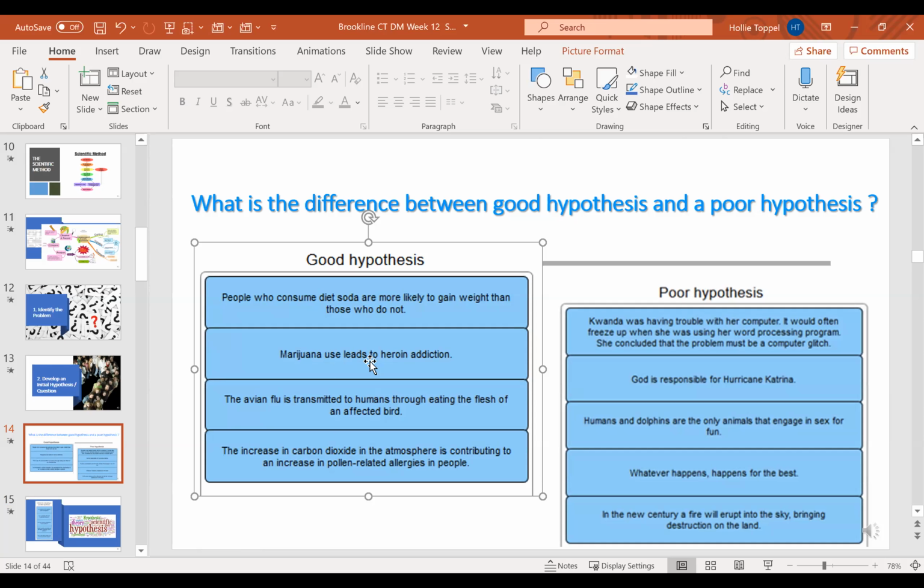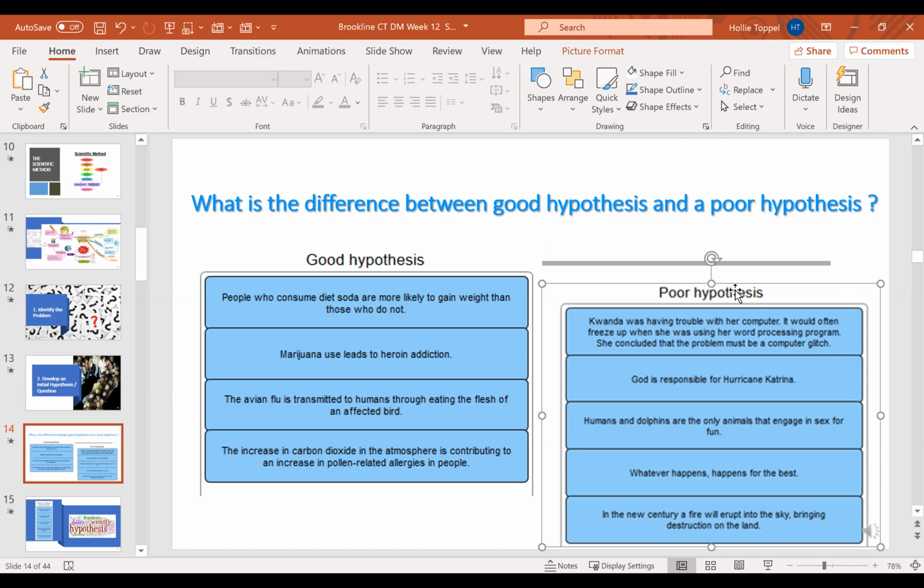I'm not sure if that's really good either, I don't know about that one. The avian flu is transmitted to humans through eating flesh of an affected bird. Well, we could maybe do that. Let's put the word bat in there instead of bird and we got COVID. The increase in carbon dioxide in the atmosphere is contributing to the increase in pollen-related allergies. We could do that. Okay, we could do air with more carbon and air without.